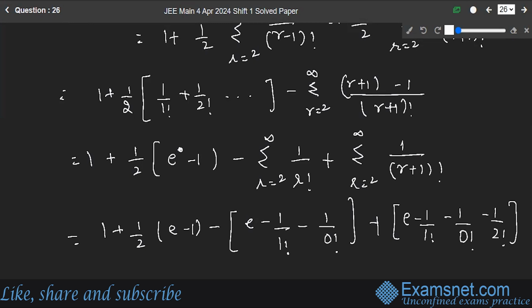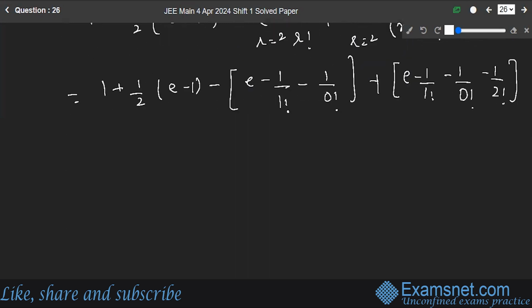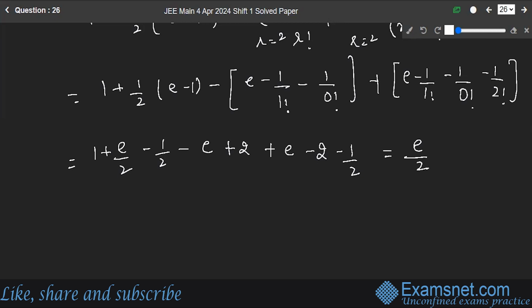Okay, so this further becomes equal to 1 plus e by 2 minus this minus e plus 2 plus e minus this minus this. This is equal to e by 2. Okay, we solve this. This will cancel out. This will cancel. And here this is equal to e by 2.